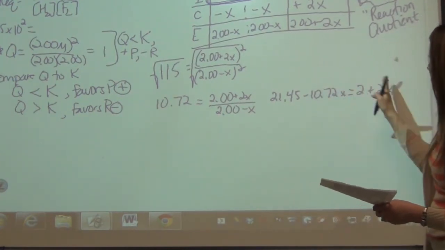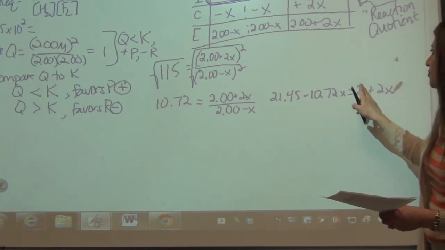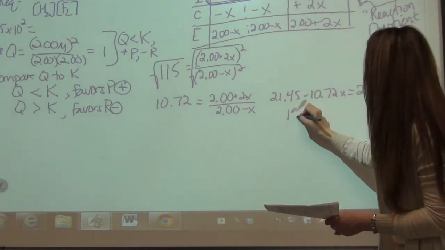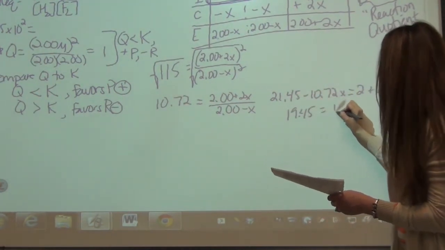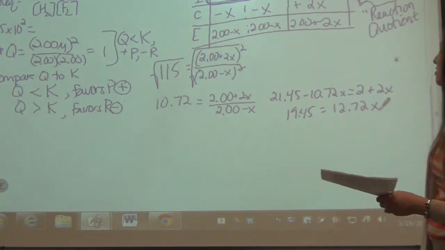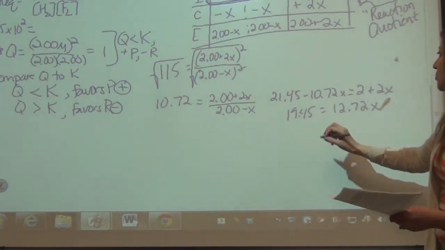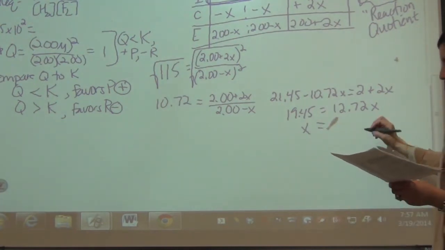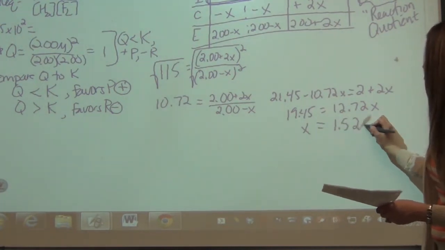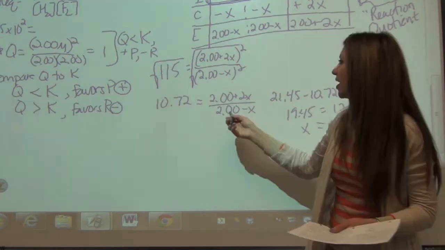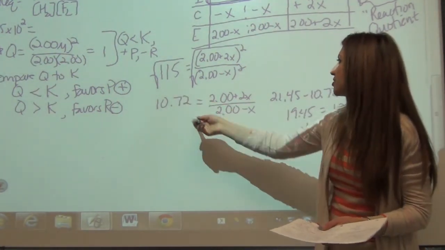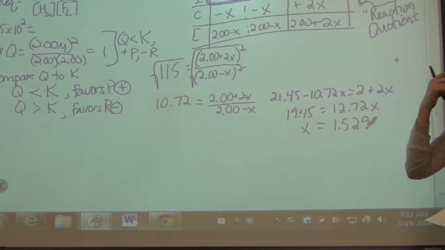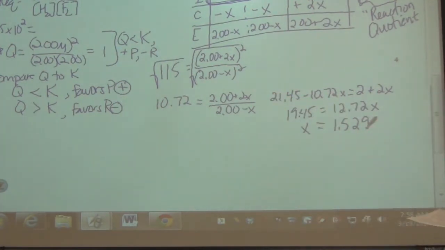Then I got my x's on one side together, and I subtracted the 2 to the other side, so it was 19.45 is equal to 12.72x. Then you divide by the 12.72, and I get x is equal to 1.529. I just multiplied the 10.72 by 2, and then that by the x, and set it equal to that, and then just did the algebra.